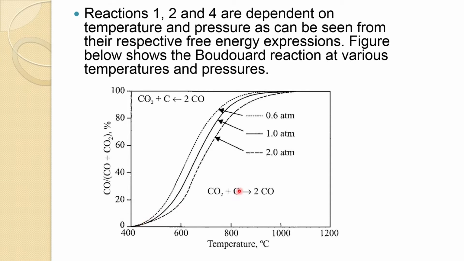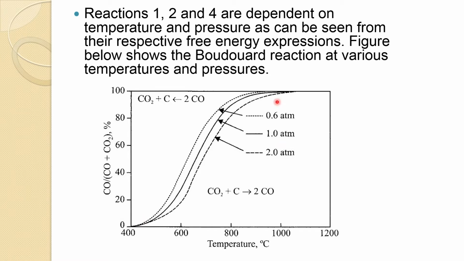At 500, 400, in fact, this reaction almost ceases in the reverse direction, though at 1000 degrees Celsius you can see it fully converted into CO, and CO2 is no longer there really. In the reverse direction, the reaction almost ceases.